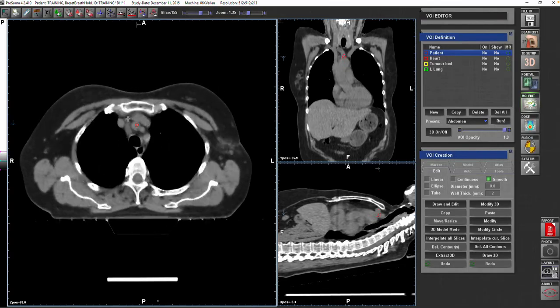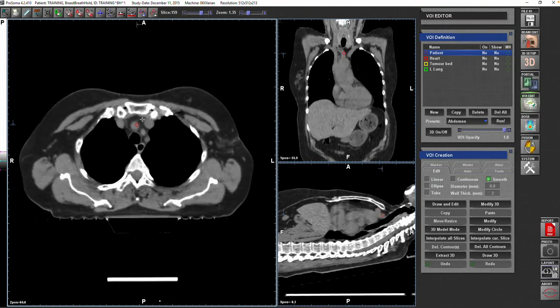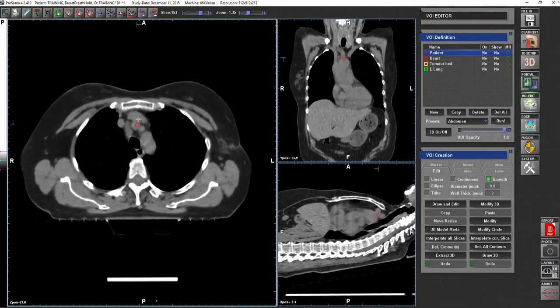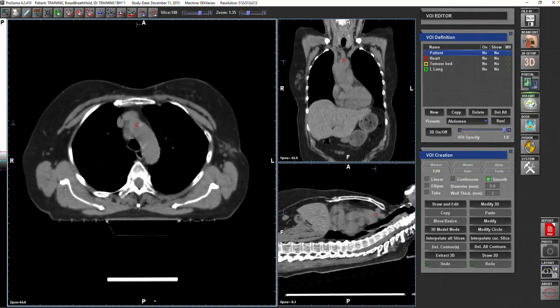So please don't mistake what I'm talking about, an arch inside the mediastinum, which is the innominate crossing to the other side. As you can see, it's very easy to see.